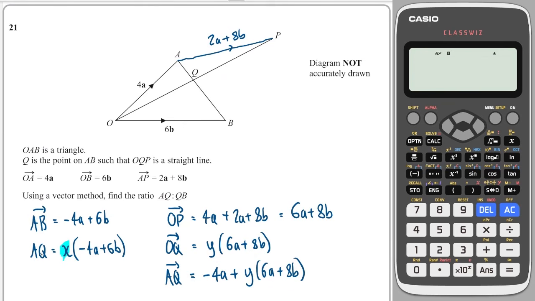Well, x was the fraction of the line AB that AQ is. So this is 8/17 of that line, which means the other part must be 9/17, which means the ratio must be 8 to 9.